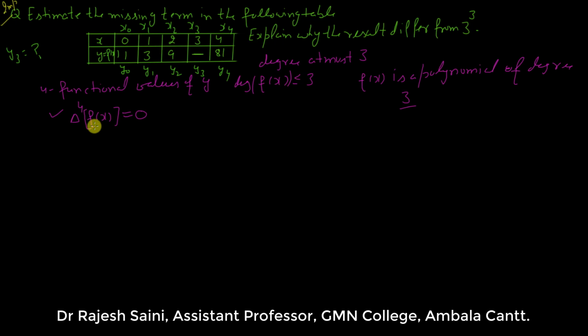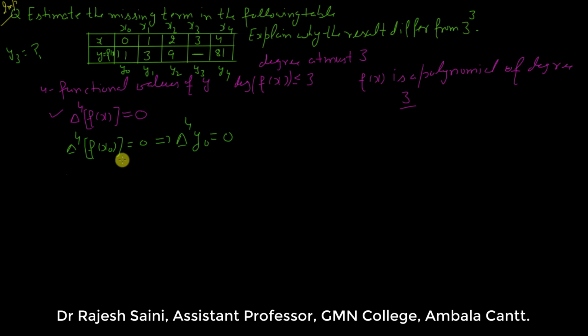So since it will annihilate, 4th order forward difference operator will annihilate every value of the polynomial at any point. So if I say that this will also annihilate the value of the polynomial at point x0, this implies that delta^4 y0 is equal to 0.